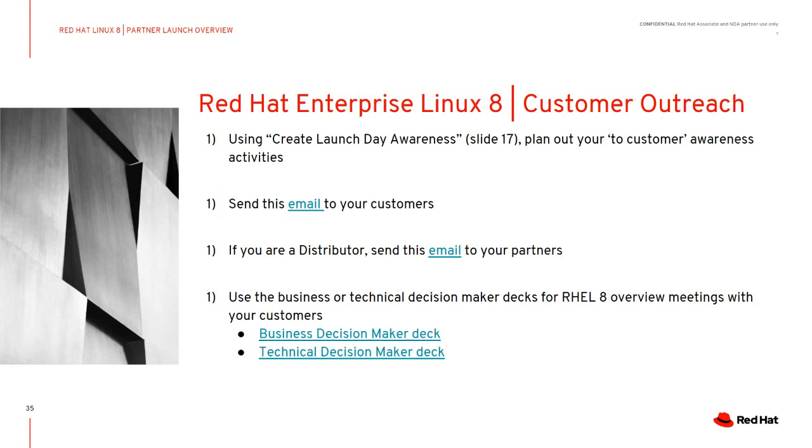You can download it from Partner Central, and you can use it with your logos, your details, with your customer database. Okay, so that is for us. The third one is for us. If we are the distributor, then we need to send it to our partners.